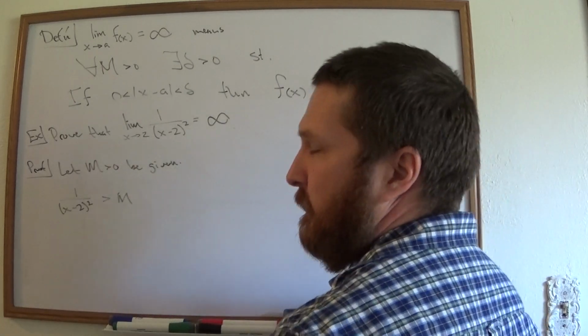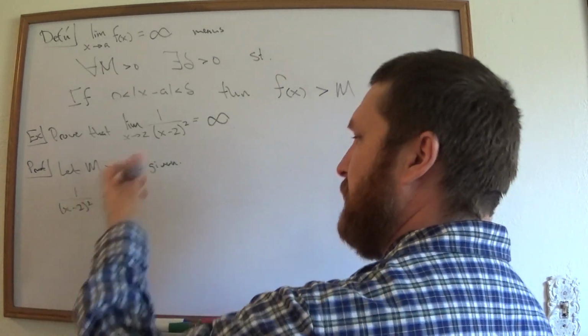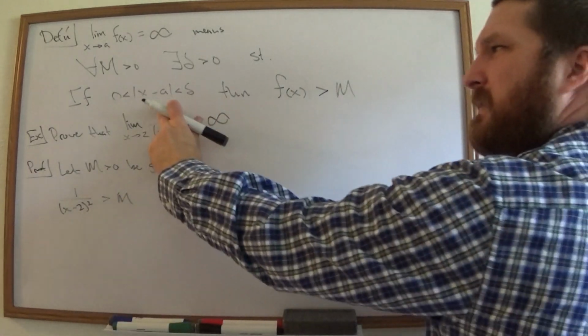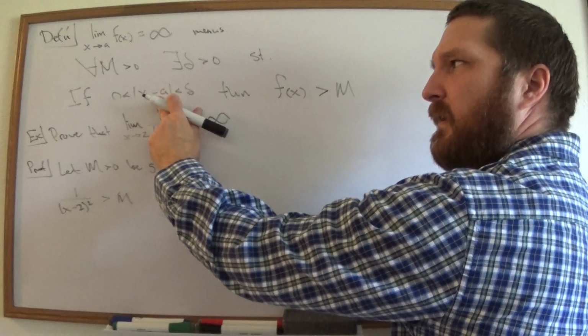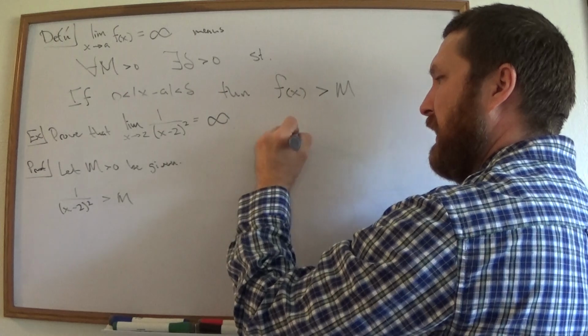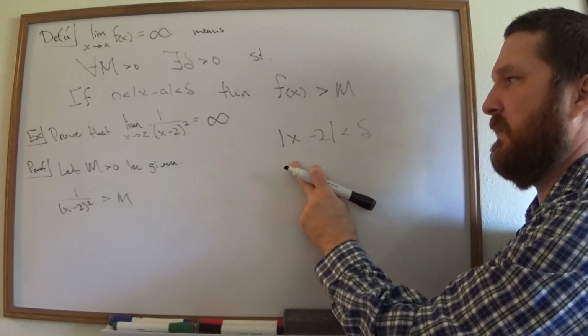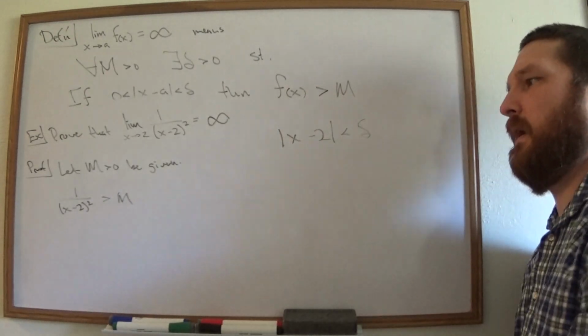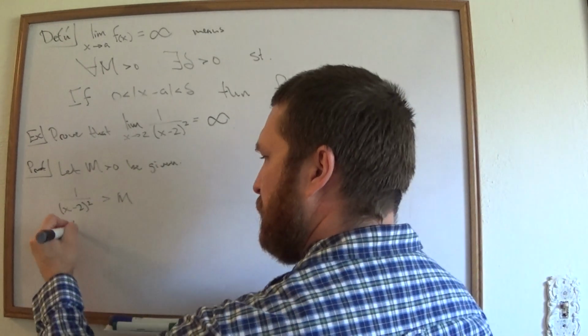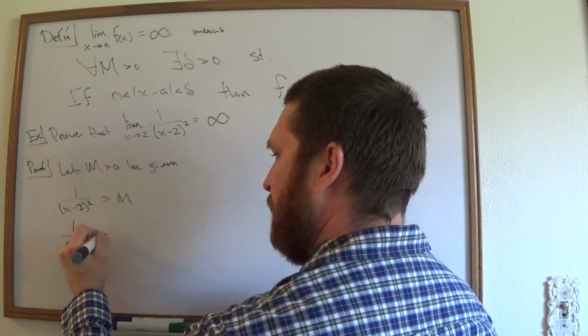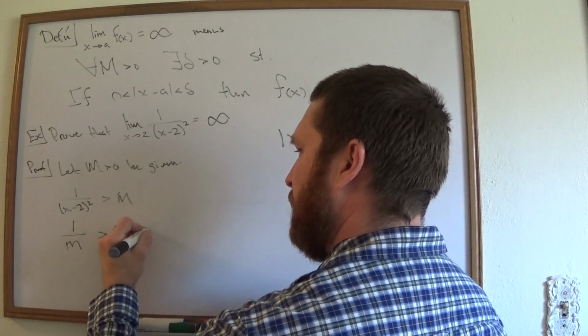Can I find an x that makes that true? It's not that I'm trying to find an x, I'm trying to find this guy right here, which in this case is x minus 2. I need to find a delta to make this true. Well, let's see what happens. I'm going to do a switcheroo, bring my m down here, and bring this guy over here.